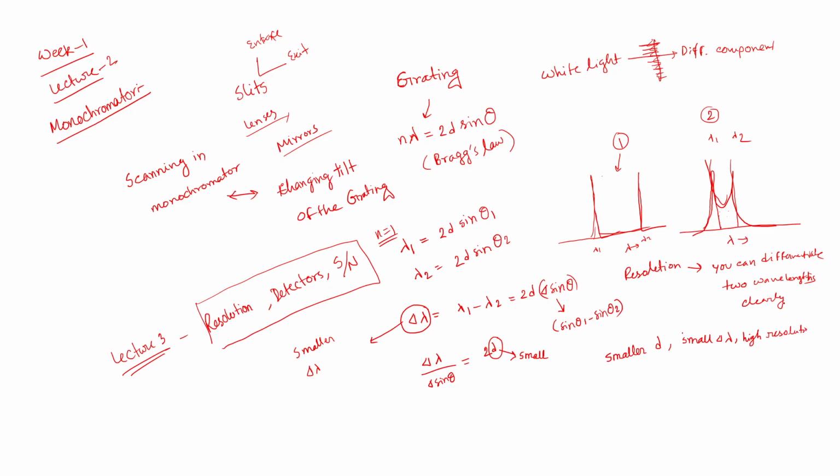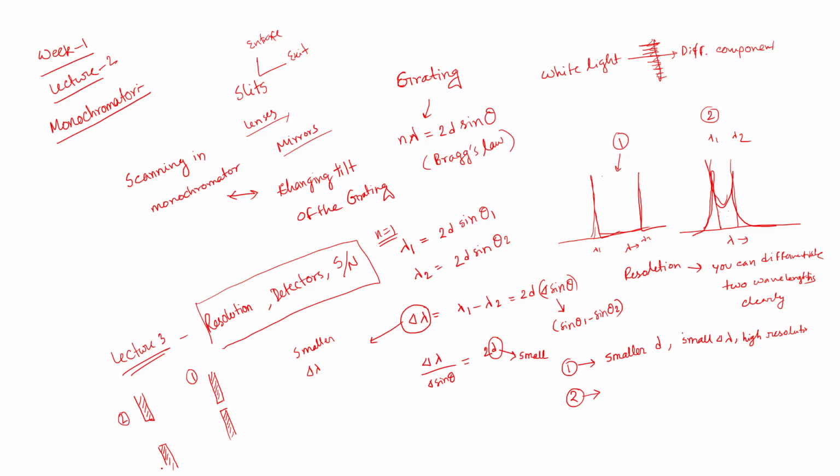So this is one factor behind the resolution. Another factor is the slit width. Suppose this is a slit, let me draw two slits. This is the second picture and this is the first picture. In the first picture, the slit width is less.